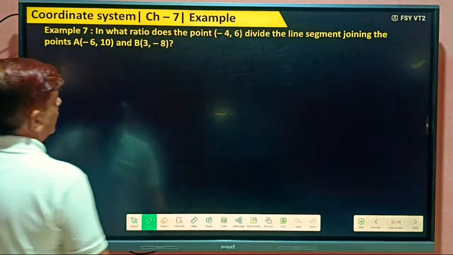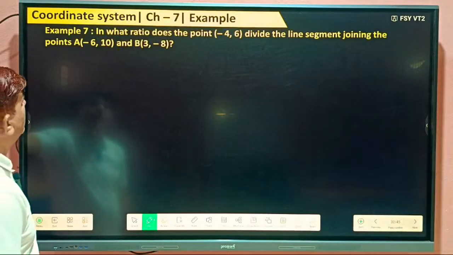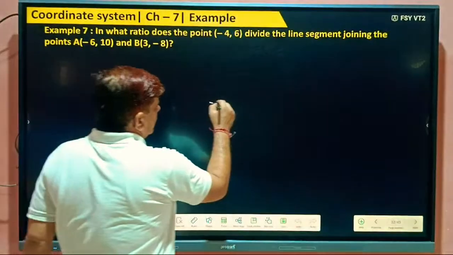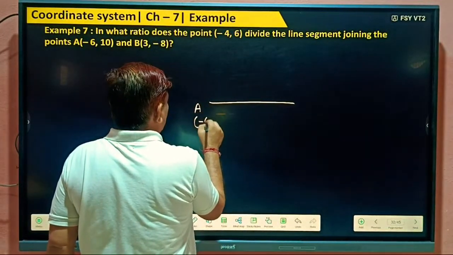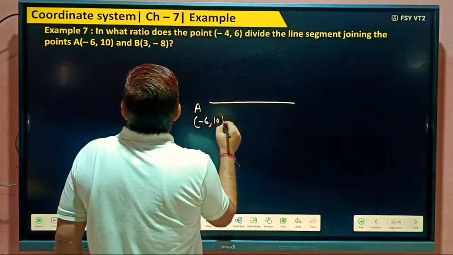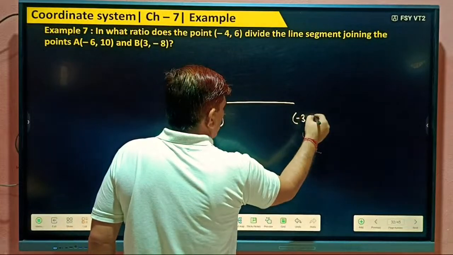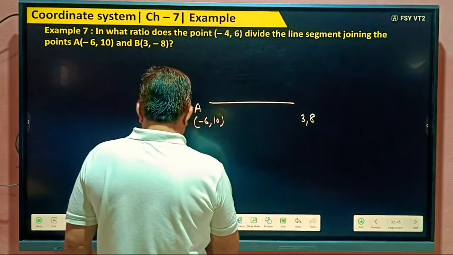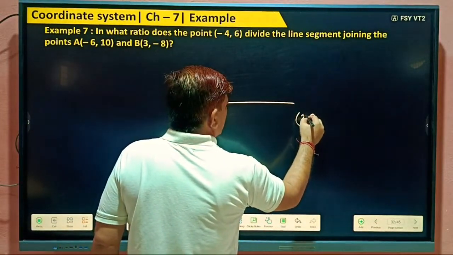Example number 7. In what ratio does the point divide the line? We have two points like this. This is A, whose coordinates are minus 6 and 10, and B, whose coordinates are 3 and minus 8.